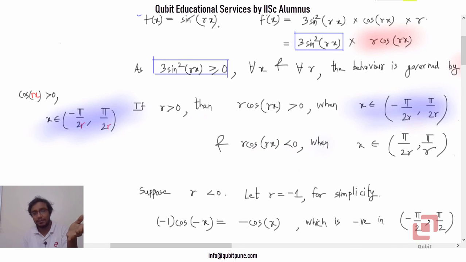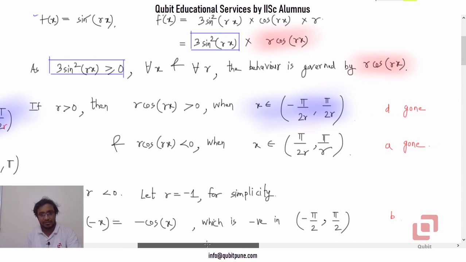So when will that happen? You know that cos x is negative, and we'll only consider the 90-degree part, when x belongs to pi by 2 to pi. If I make similar changes for cos rx, then this will be pi by 2r and this will be pi by r. This basically leads to elimination of the options D and A.